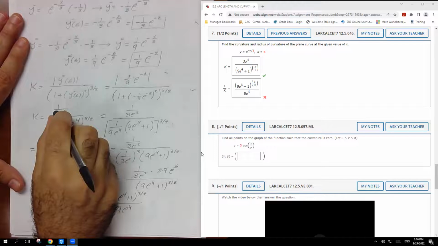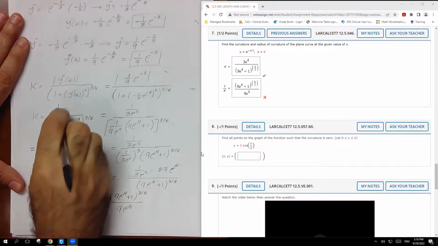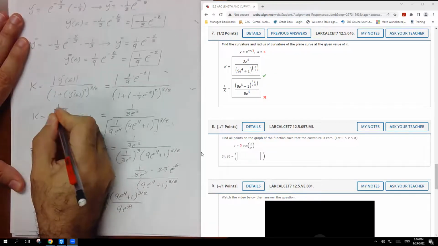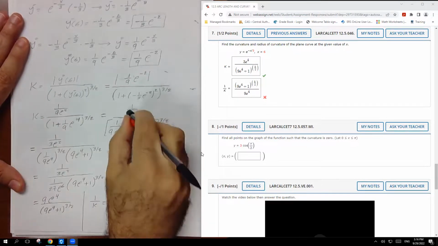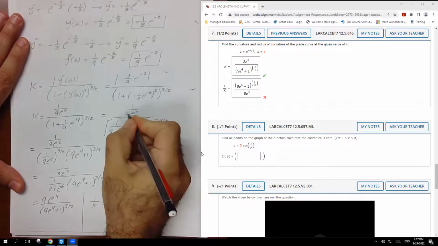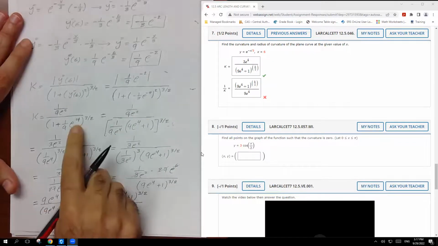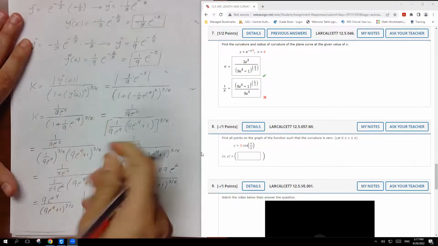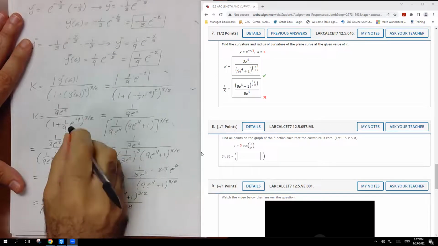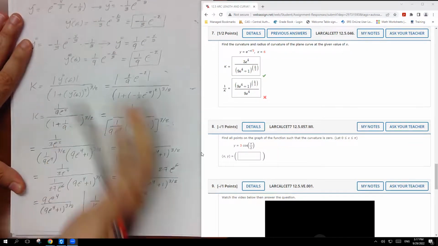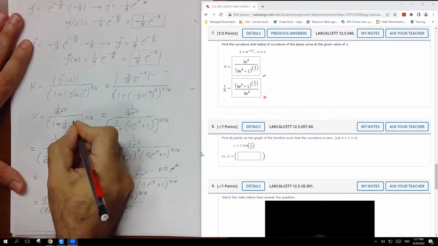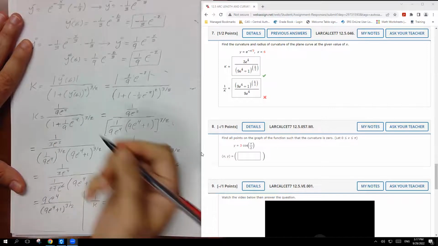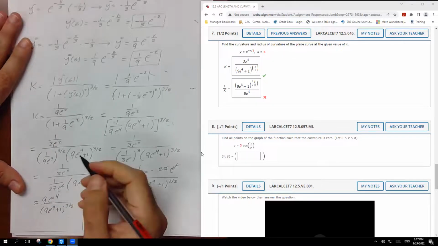So this one is going to be 1 over 9 here, and here is going to be 1 over 9. And what I did here, it's a negative, then I have to bring it down. So that's here, minus 4.